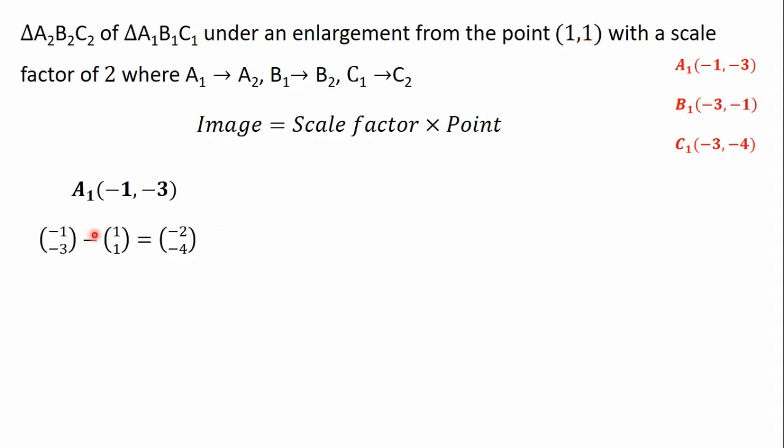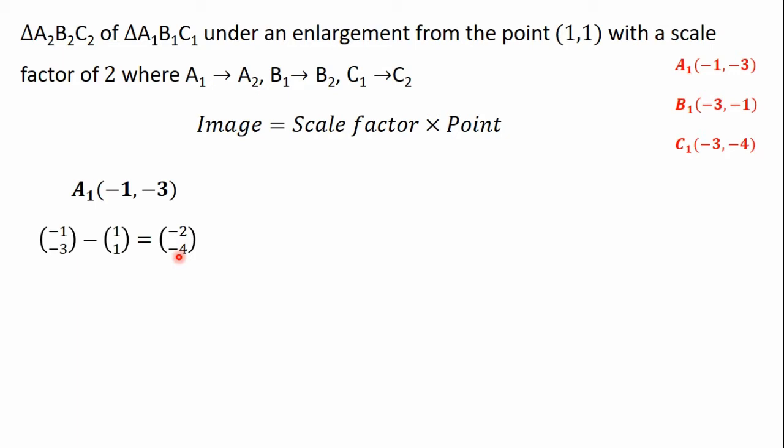So we are going to subtract 1, 1 from -1, -3. So we have -1, -3 minus 1, 1. -1 minus 1 will give us -2. Then -3 minus 1 will give us -4. So after subtracting the center of enlargement from the point to be enlarged, we are having -2, -4.